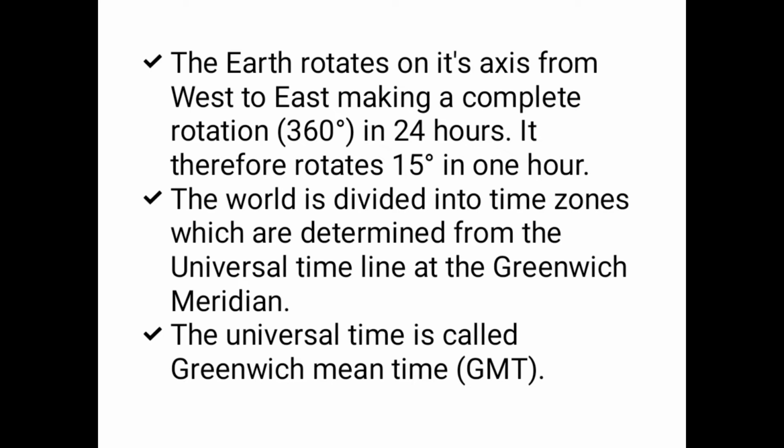The universal time is called the Greenwich Mean Time, which is abbreviated as GMT. So every time I say GMT, I'm saying Greenwich Mean Time. And we know that the Greenwich Mean Time is the Greenwich meridian. The 0 degree longitude line is the GMT time.